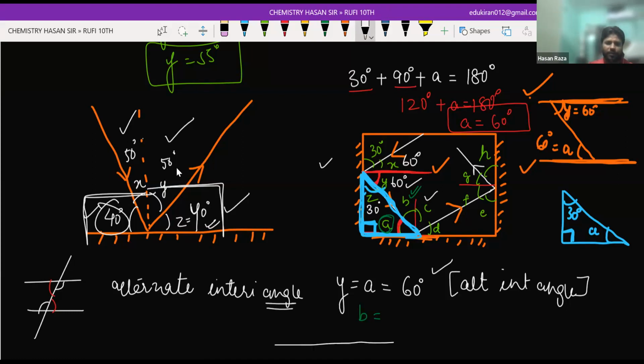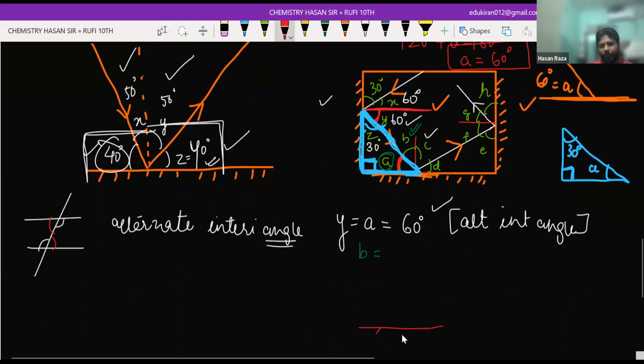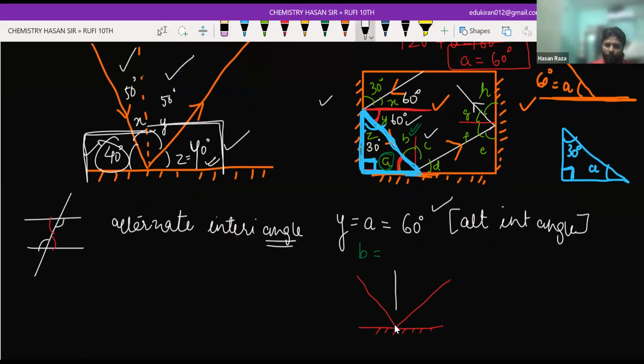Let me slide it down. This is the bottom mirror. A ray comes like this and goes like this, and this is your normal, right? You just calculated A to be 60 degree. Now you need to calculate B, C, D.